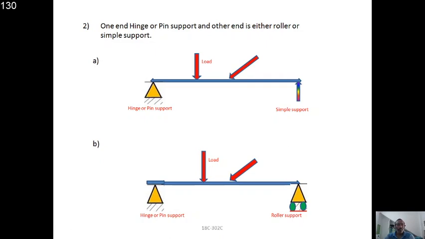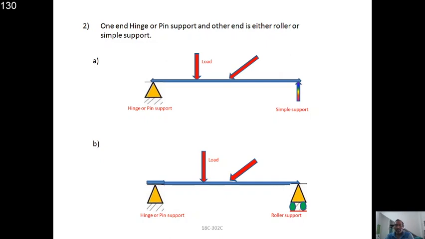The combination of the simply supported beam can also be with the hinged support. So there may be a hinged support at one end, and at the other end it might be a simple support, or a hinged support at one end and a roller support at the other end.